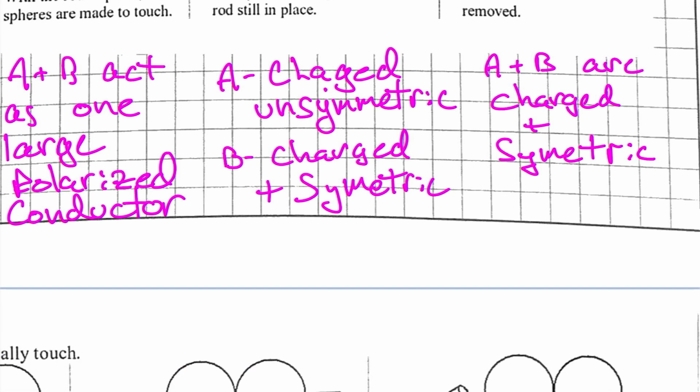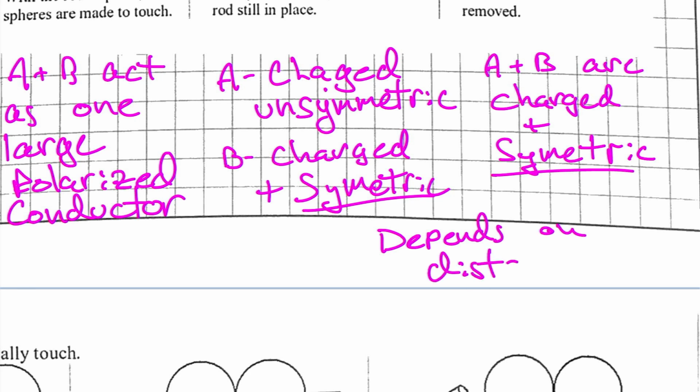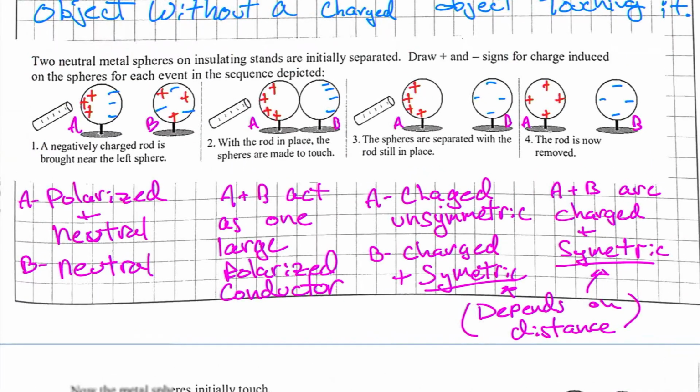And this part about being symmetric here depends on the distance between the two spheres. If these spheres were closer together, then the charges would tend to reside more on the sides as they get attracted to each other. The farther apart they are, the more symmetric the charge distributions will become.